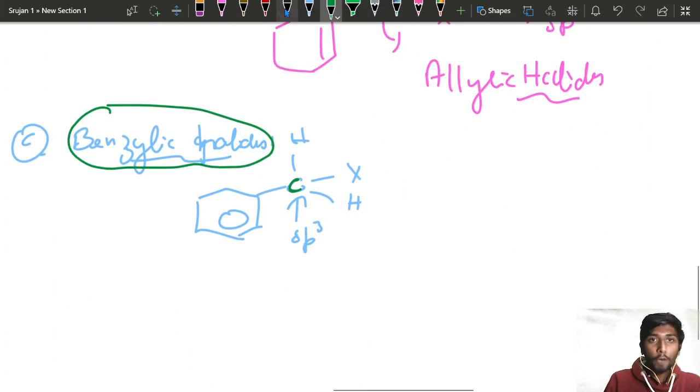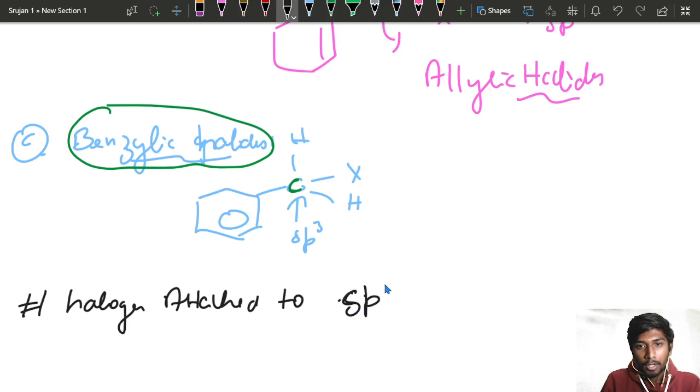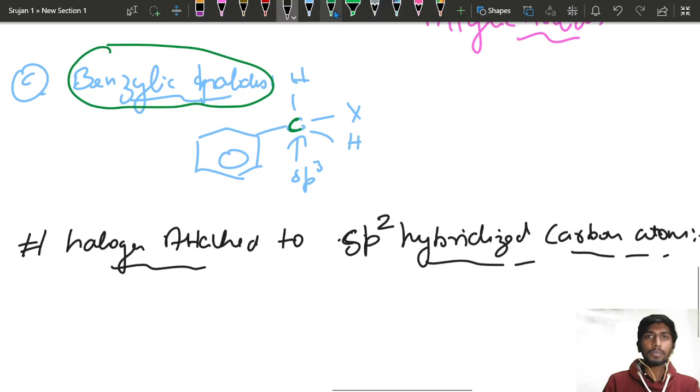Next we'll talk about the halogen attached to an sp2 hybridized carbon atom.